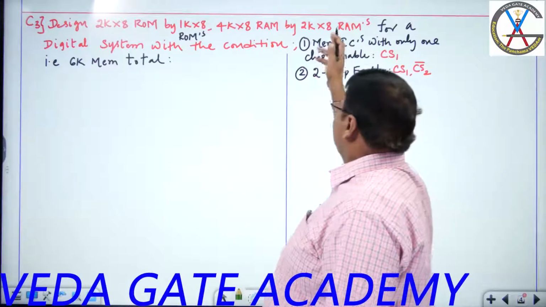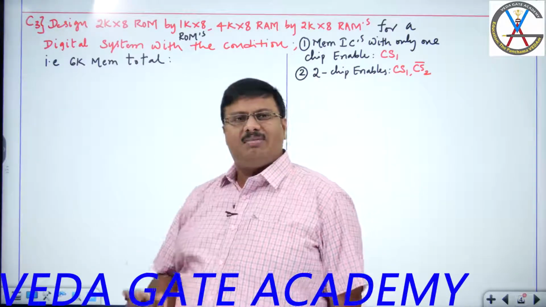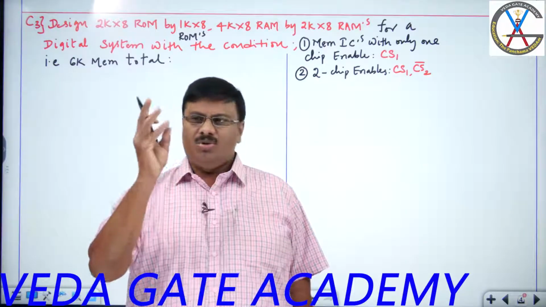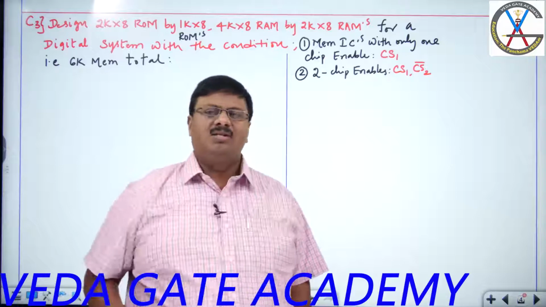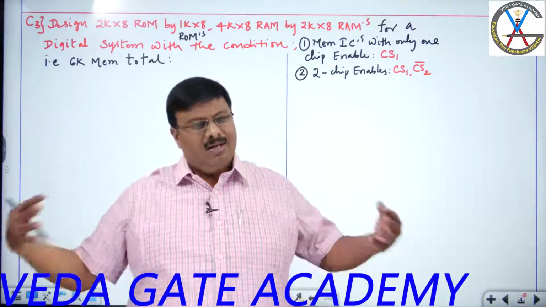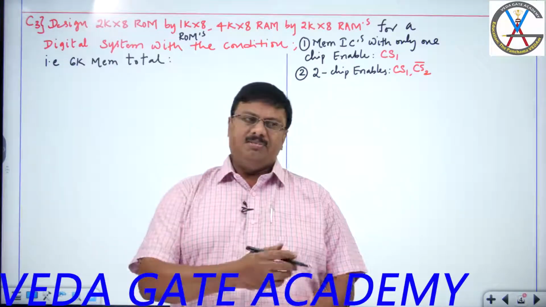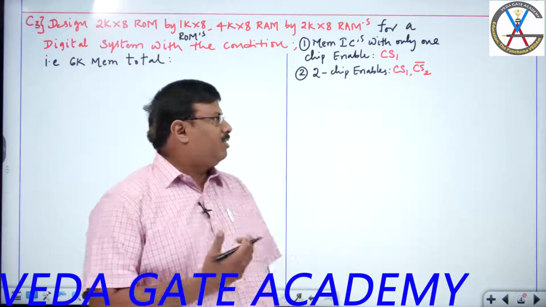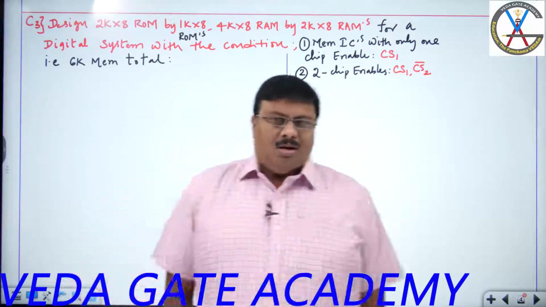Similarly, if I take 2 of 2K, it will become 4K. So totally 6K memory I require. I should take 2 of 1Ks, 2 of 2Ks, 4 ICs together, assemble them, and I would be getting my requirement. True? Yes. Now let's see how we do this one by one.